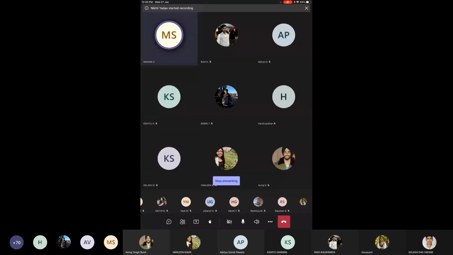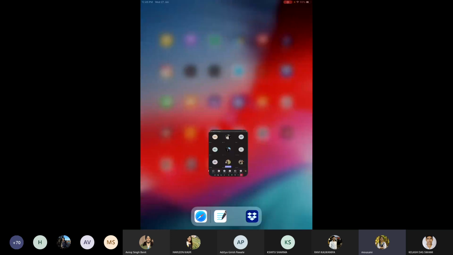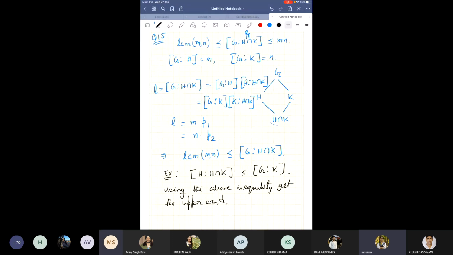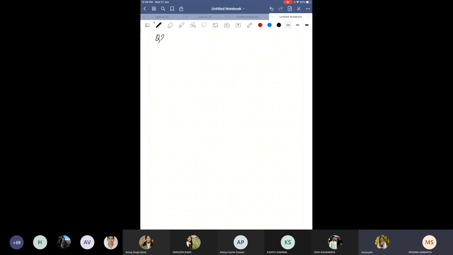Anybody tried this question number 20? Yes, ma'am. So how have you done question number 20? I consider the group U(P^n - 1), that means (Z/(P^n - 1)Z)^×, the multiplication group. You are considering the elements which are co-prime to P^n - 1.